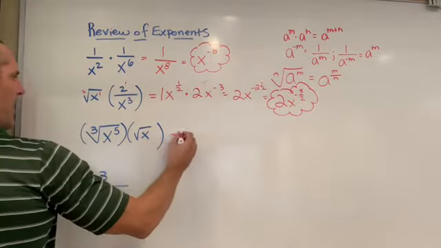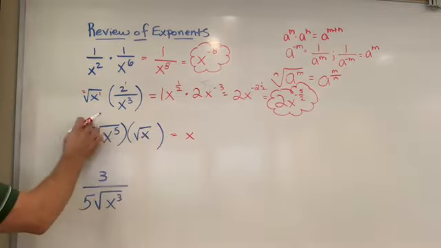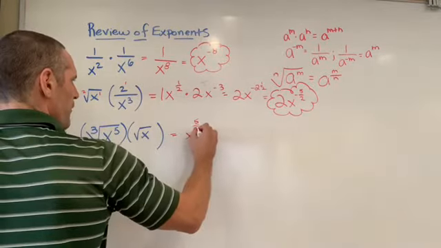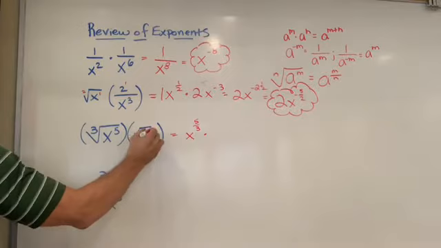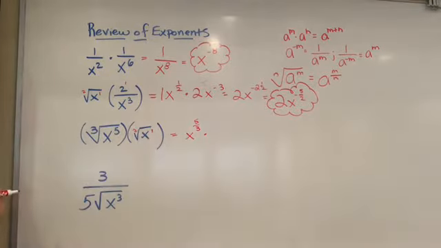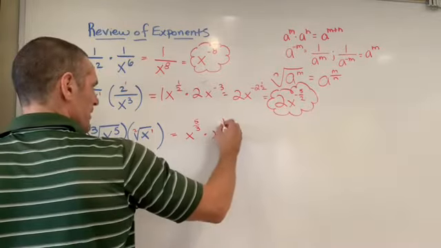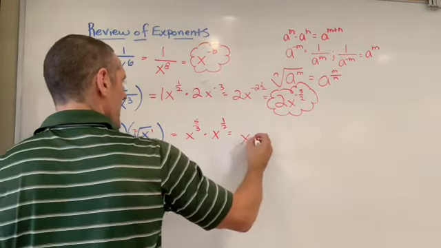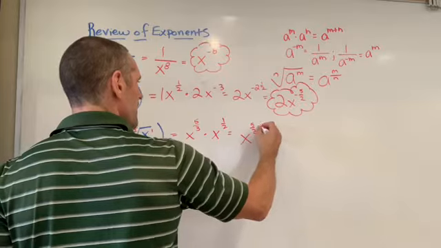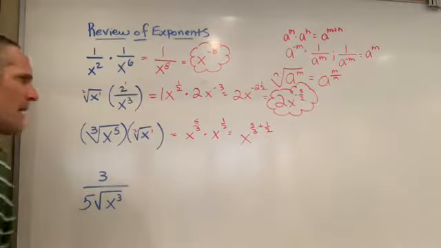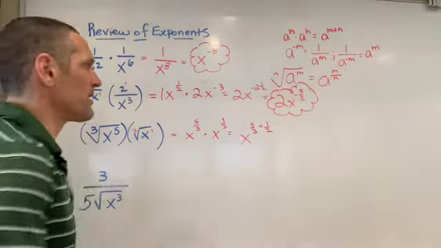Similarly here, I'll have x to the power over root, 5 over 3 times x to the, well, the index is 2, it's not written, and the power is 1. So write this as 1/2. So this will give us x to the 5 over 3 plus 1/2. Now our common denominator here is 6.